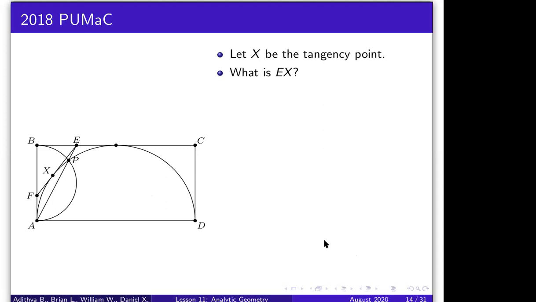So the problem asks for the area of triangle AEF. So we have the coordinates of E, so our end goal is to find the coordinates of F as well.